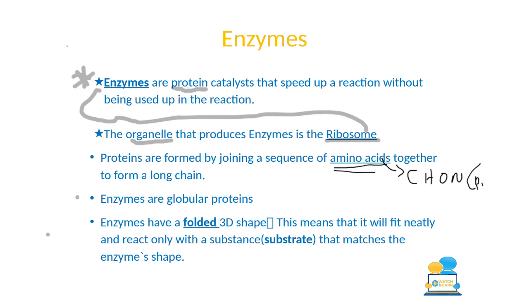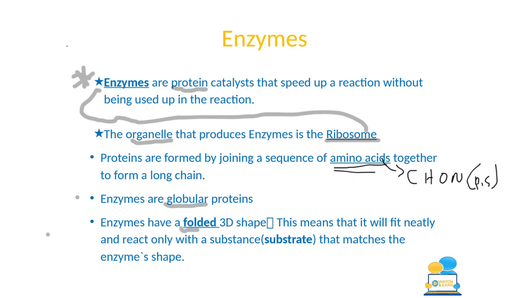So again, we're doing a wee bit of revision of our food, because enzymes and food are directly related. Enzymes are globular proteins, and we're going to highlight that, because our example of a fibrous protein would be keratin, whereas our example of a globular protein is enzymes.